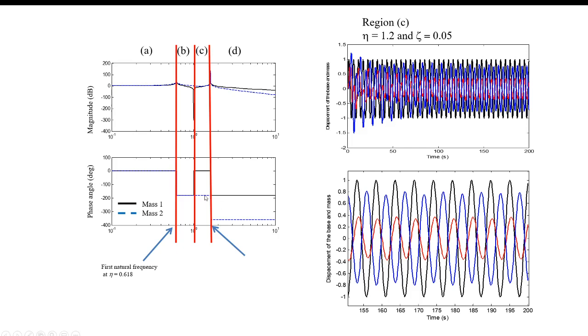So what does it say? When you look at the phase plot, mass 1, the first floor, is in phase with the input, the base, but mass 2 is out of phase. What does that mean? When the base moves to the right, so does the first floor, which is in red, but the second floor goes to the left.